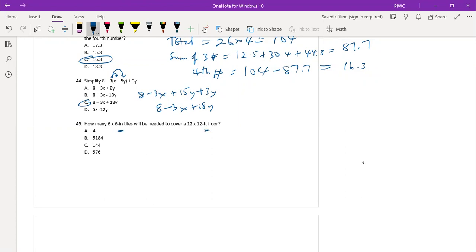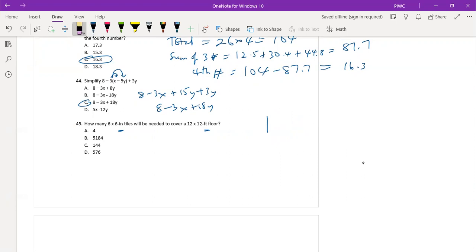You have to make sure you have the same units, so that has to be done. And then we know that I have to find the area of the larger floor. It's the area of the large floor. And then you divide it into small pieces, tiles. So that means there's a division problem here.